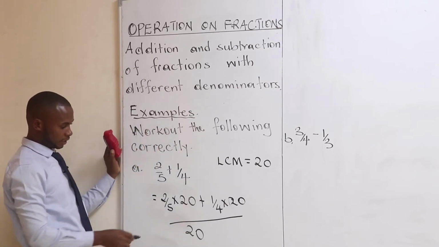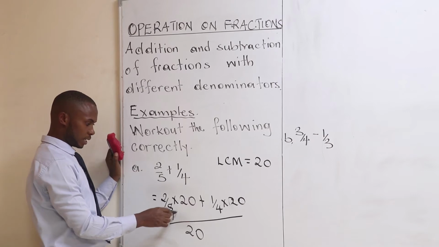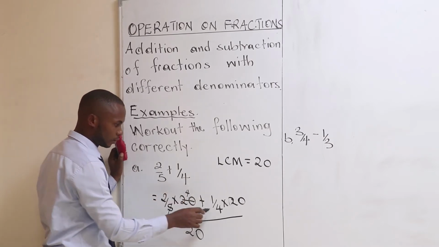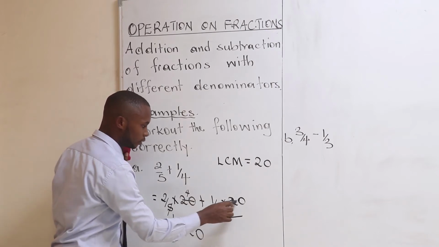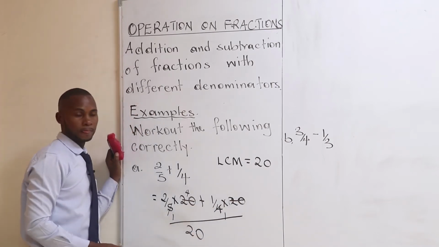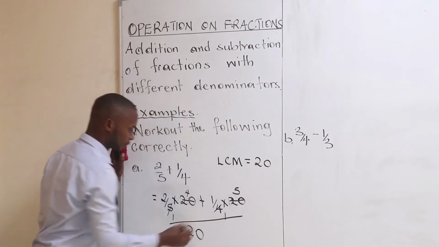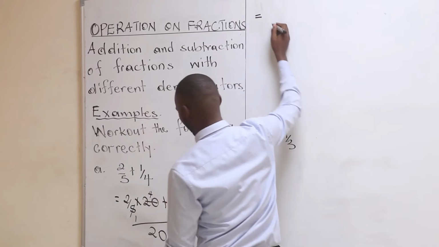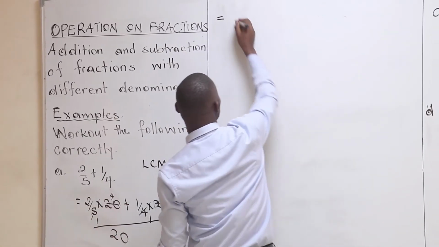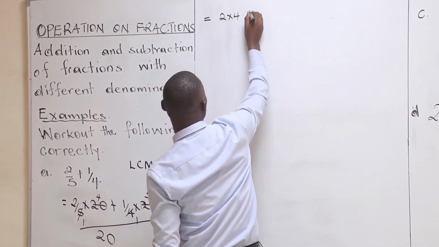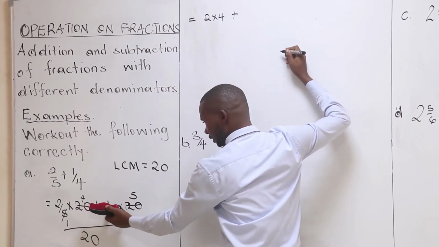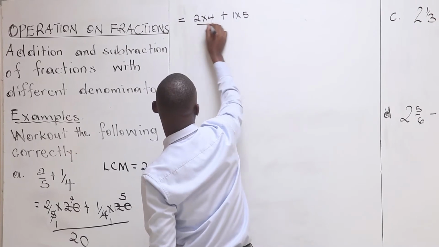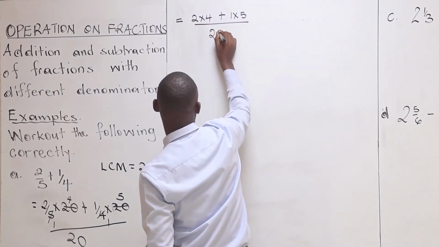So you start dividing: 5 divided by 5 is 1, then 20 divided by 5 is 4. By 4, 1, 20 divided by 4 is 5. So in the next step, we have 2 times 4, then plus 1 times 5, out of the LCM, which is 20.